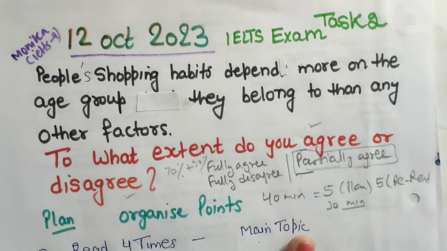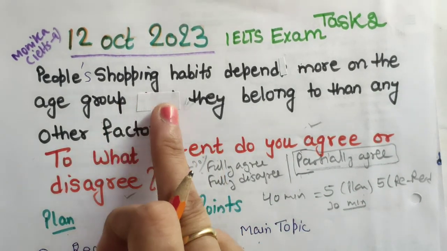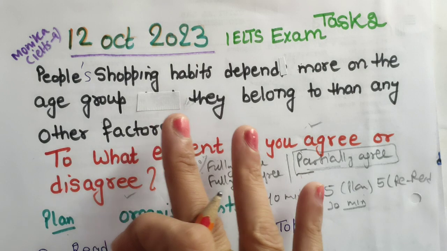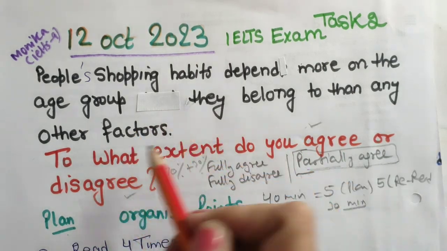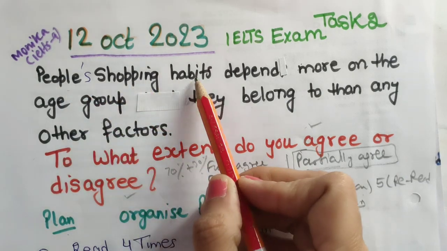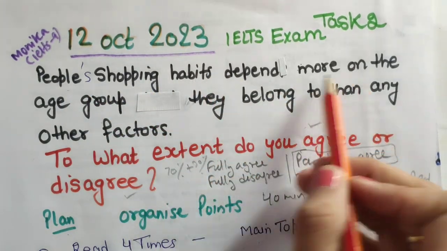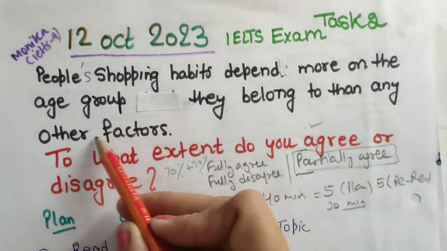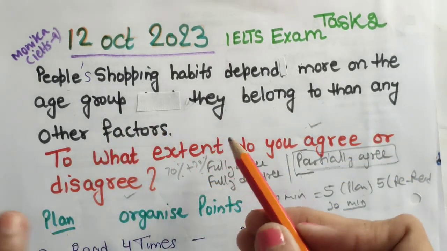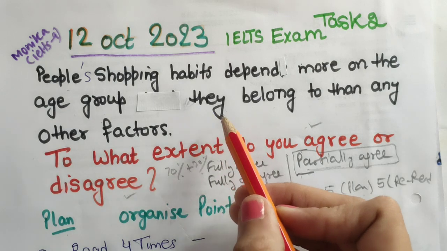Now let's read this statement. There was some mistake, that's why I have done this, don't worry about it. It looks bad when there is cutting. The statement: people's shopping habits depend more on the age group they belong to than any other factor. First of all, this question is really difficult to understand.